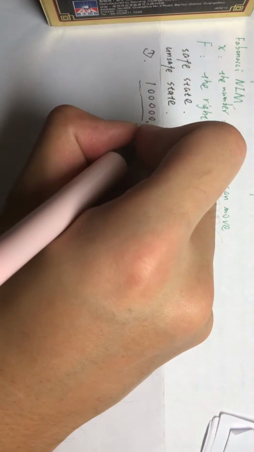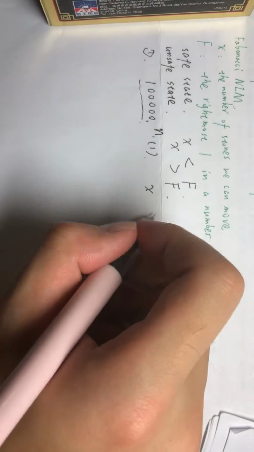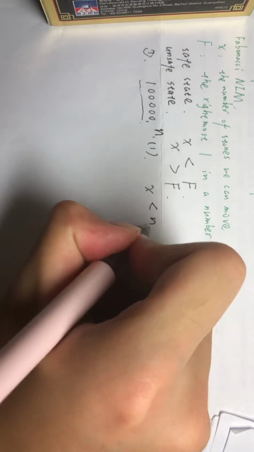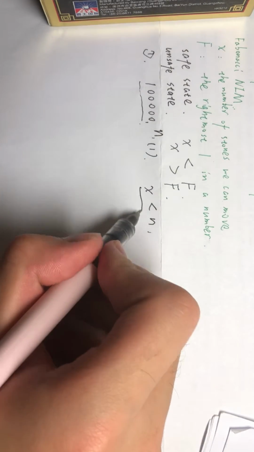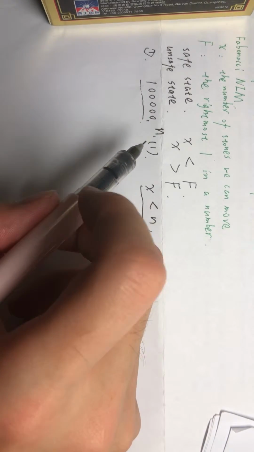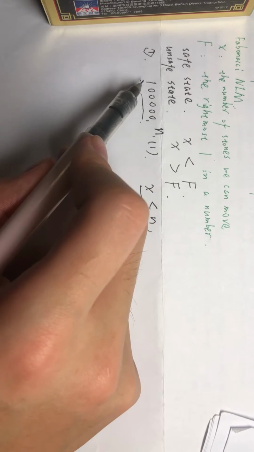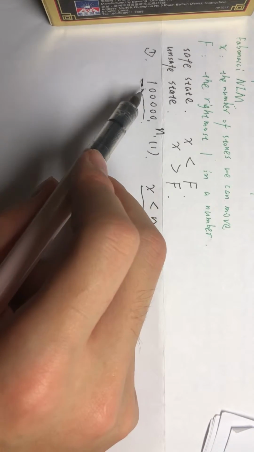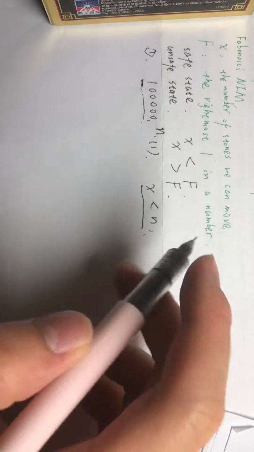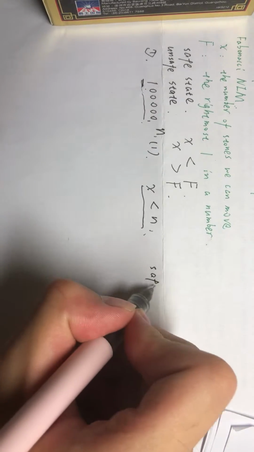Suppose the Fibonacci number is n. Then x is smaller than n, and the rightmost one stands for n, so this is a safe state.